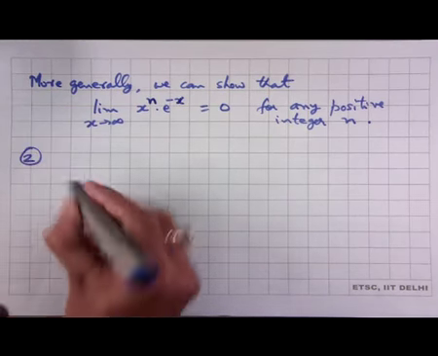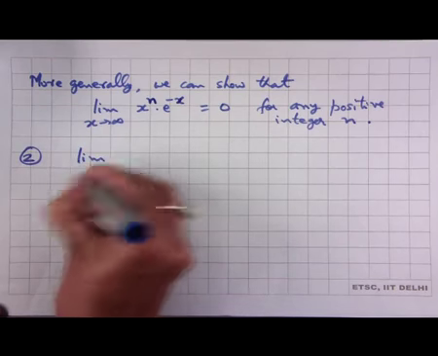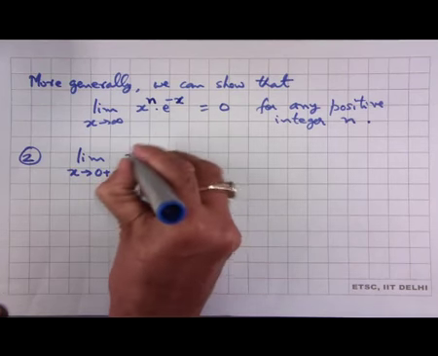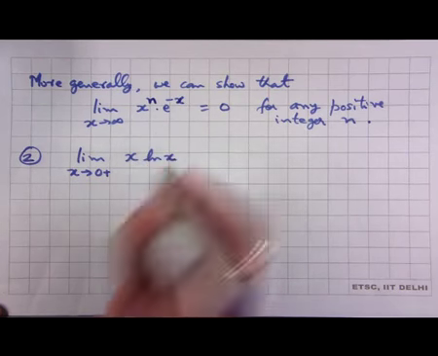Second example, let us look at limit of x going to 0 from the right of the function x times natural log of x.